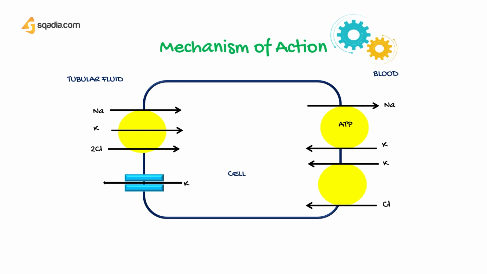Now what happens normally is that you can see potassium is being pumped into the cell from both the sides, and this will cause a high intracellular potassium concentration. This will cause potassium to escape out into the lumen through a potassium selective channel on the apical side. But you can see that potassium is going alone. It is not accompanied by any anion.